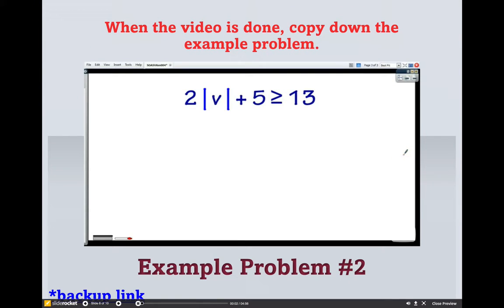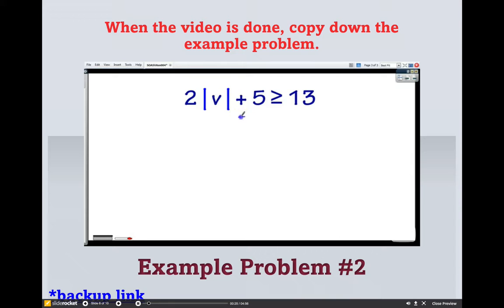So let's take a look at our first example with inequalities, in this case greater than or equal to. Now in this case we've got 2 times the absolute value of v plus 5 is greater than or equal to 13. And so just like with equations with absolute value, we want to first accomplish getting the absolute value portion of the problem by itself. So in this case, just like with an equation, we're just going to undo things.